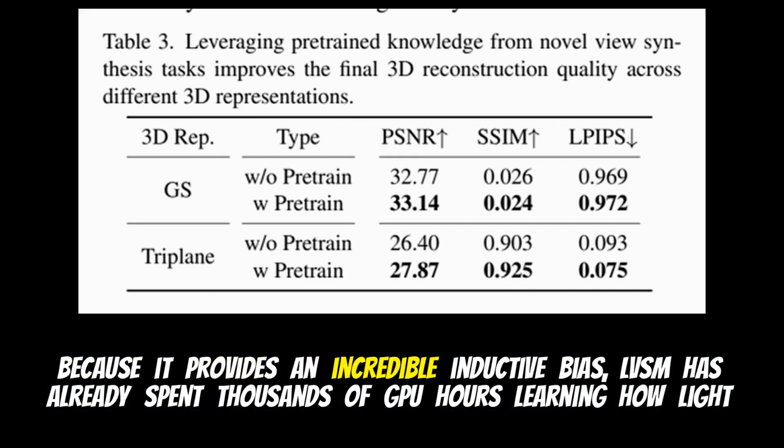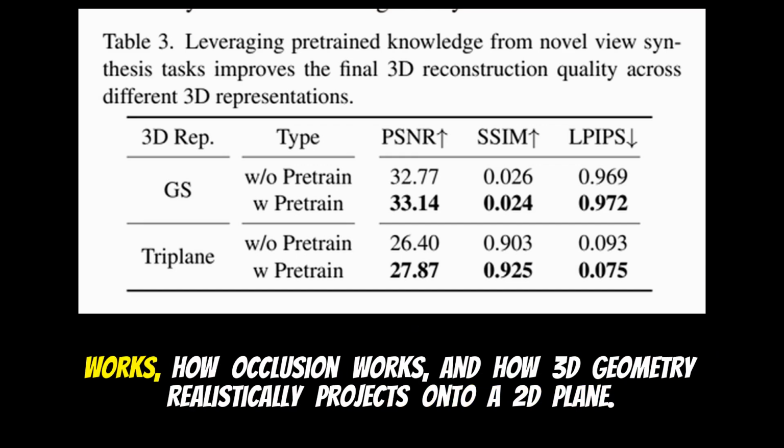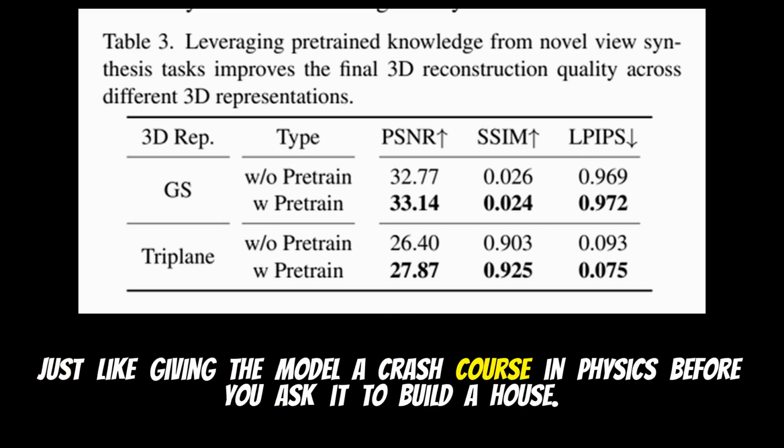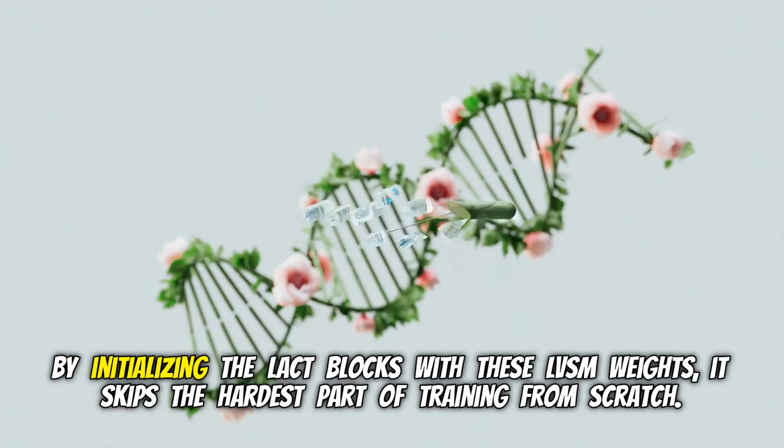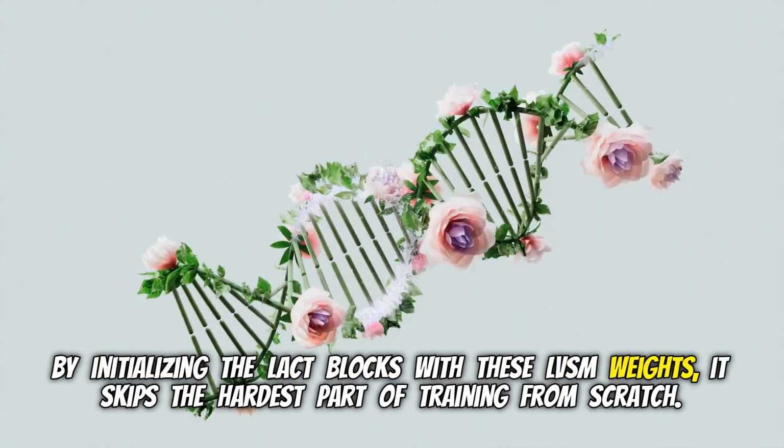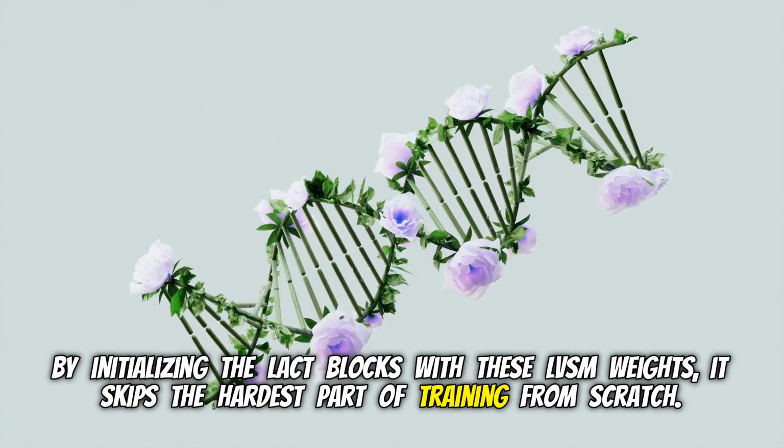Because it provides an incredible inductive bias. LVSM has already spent thousands of GPU hours learning how light works, how occlusion works, and how 3D geometry realistically projects onto a 2D plane. Just like giving the model a crash course in physics before you ask it to build a house. Precisely. By initializing the LCT blocks with these LVSM weights, it skips the hardest part of training from scratch.